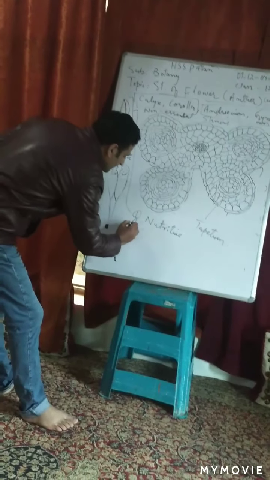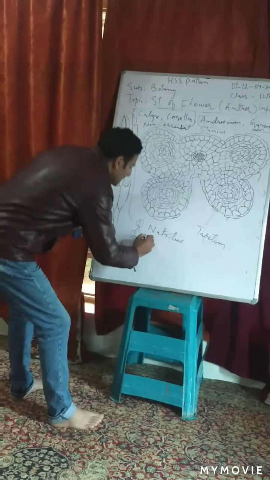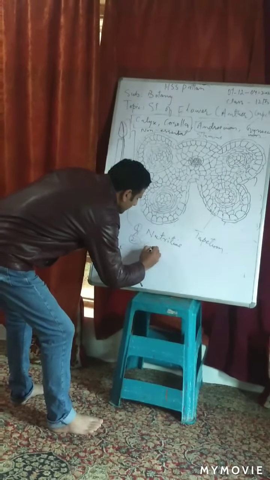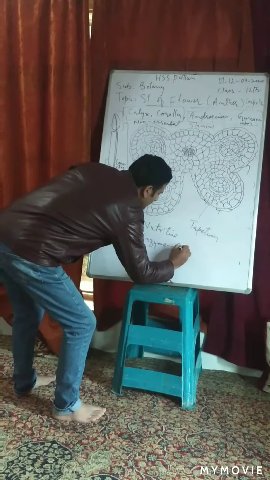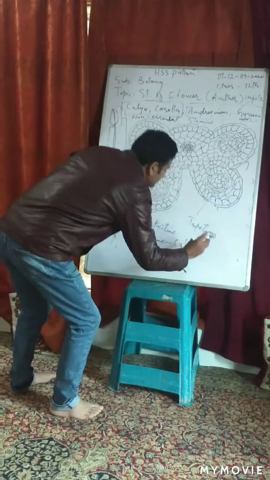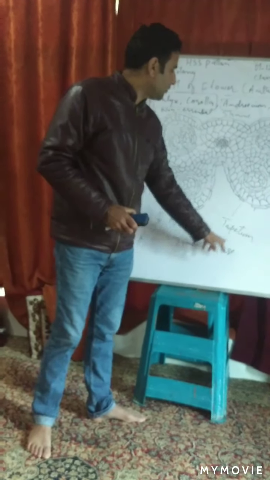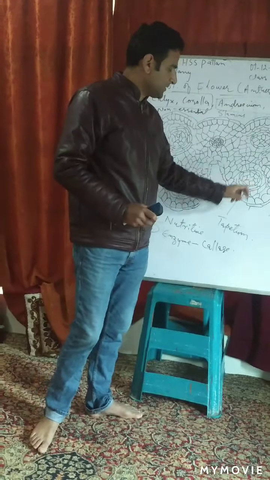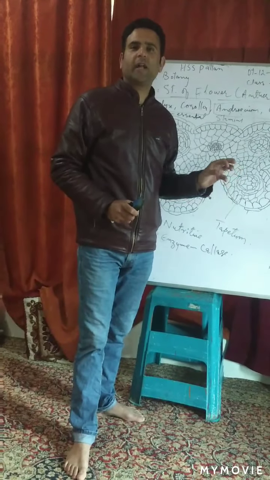Then it has one more important function: it produces the enzyme callase. Callase is an enzyme which dissolves callose in the microspore tetrads.